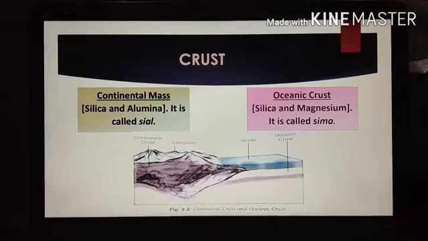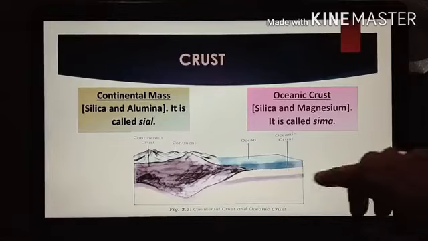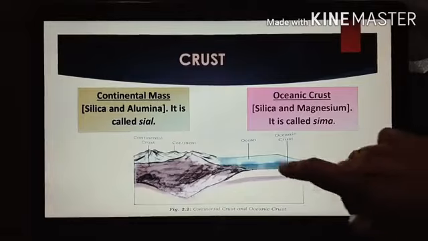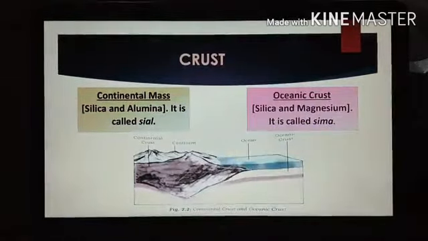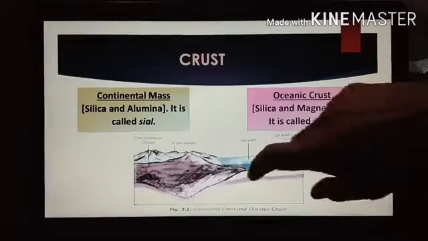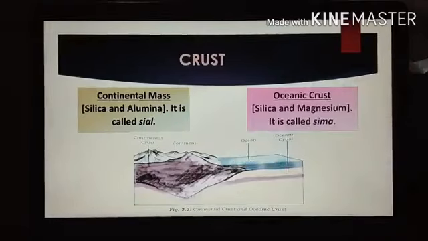In this diagram you can see very well that this part is your ocean and this is your land mass, which consists of mountains, plateaus and plains. So this part is known as continental crust and this part is known as oceanic crust.